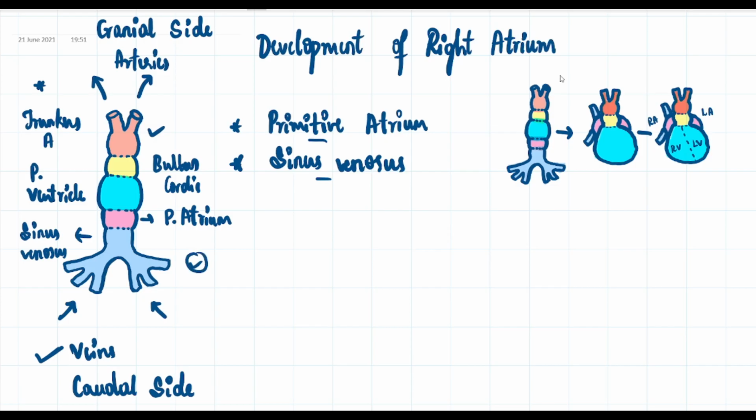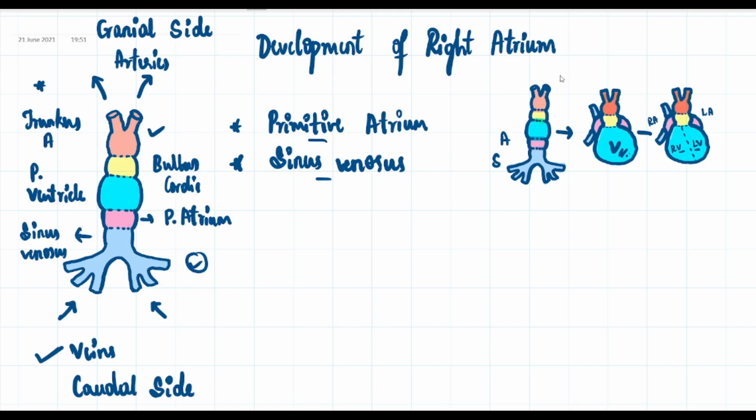During the course of development, this modification occurs. It will flip like this. The primitive atrium and sinus venosus go above, behind and to the right side of the primitive ventricle. The primitive ventricle later divides into right ventricle and left ventricle like this.